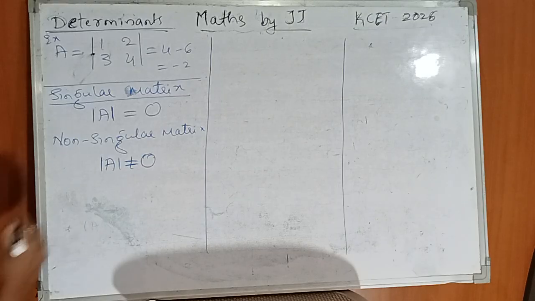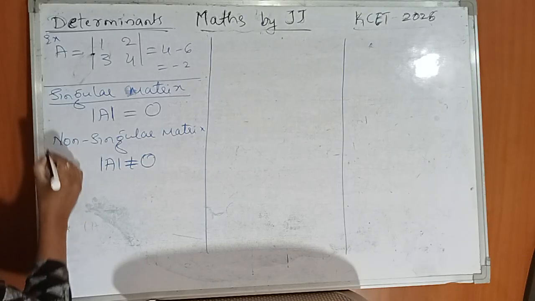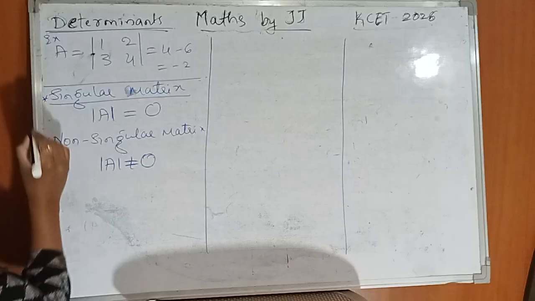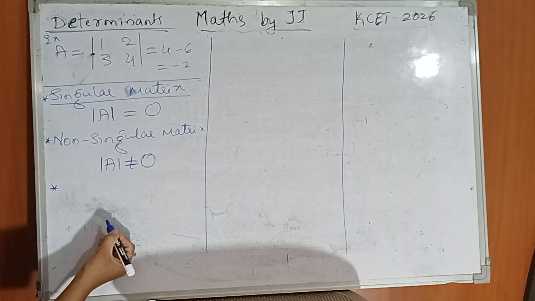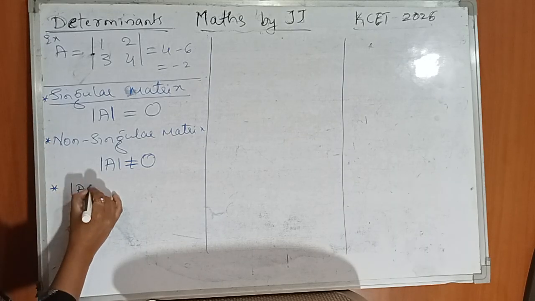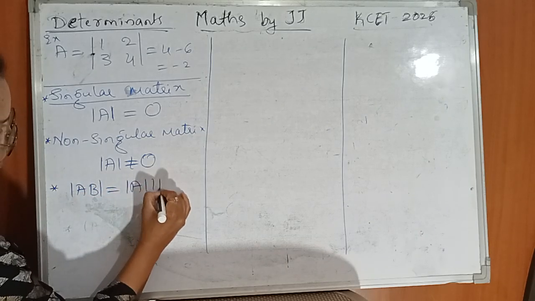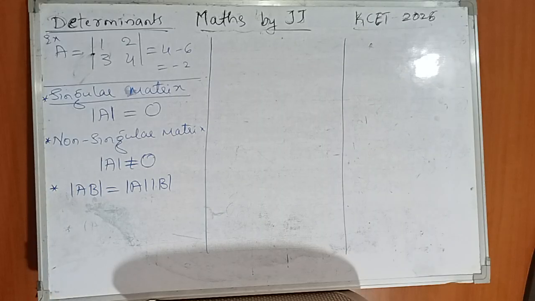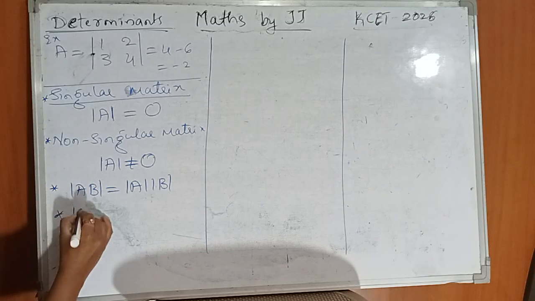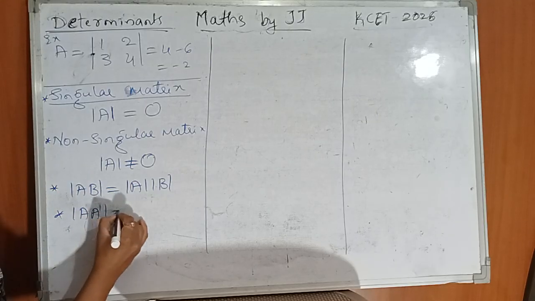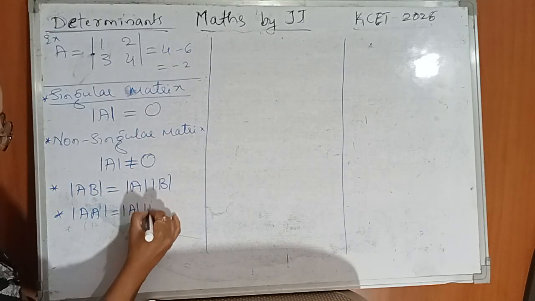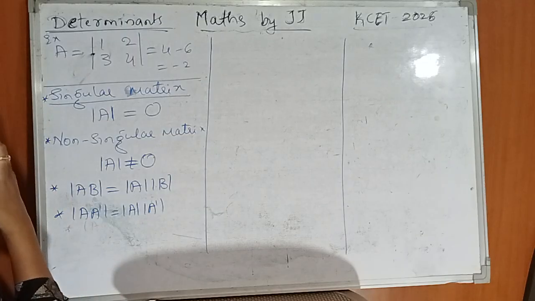Now, the next very important point here is, if A and B are two matrices of the same order, then the next synopsis formula: determinant of AB is equal to determinant of A into determinant of B. Next, the same way, determinant of A into A dash is determinant of A into determinant of A dash.